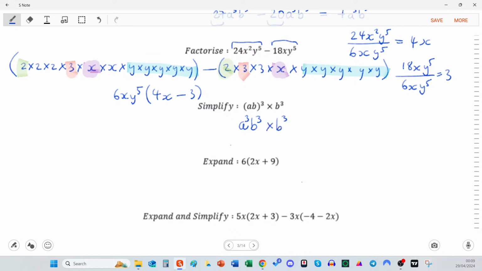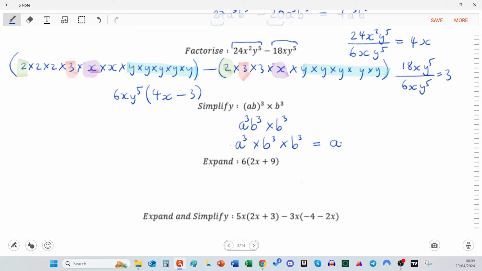Times b cubed. Now, all of these are in fact being multiplied. So it's a cubed times b cubed times b cubed. And you should know with your index laws, if you're multiplying two numbers together, most importantly, that they have the same base, here the base is b, that you add indices.